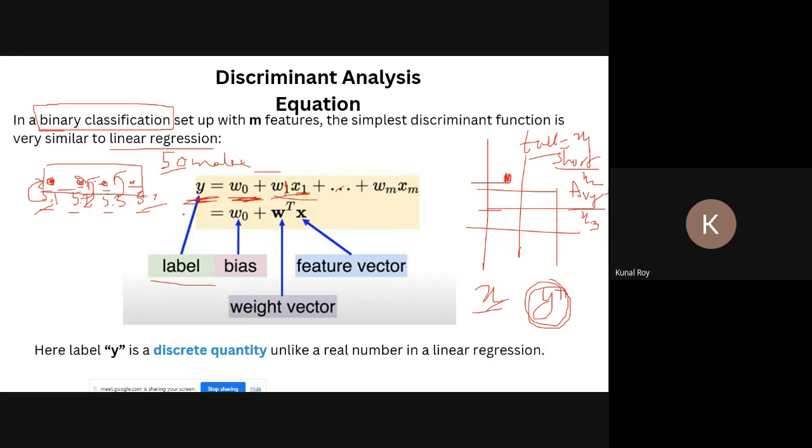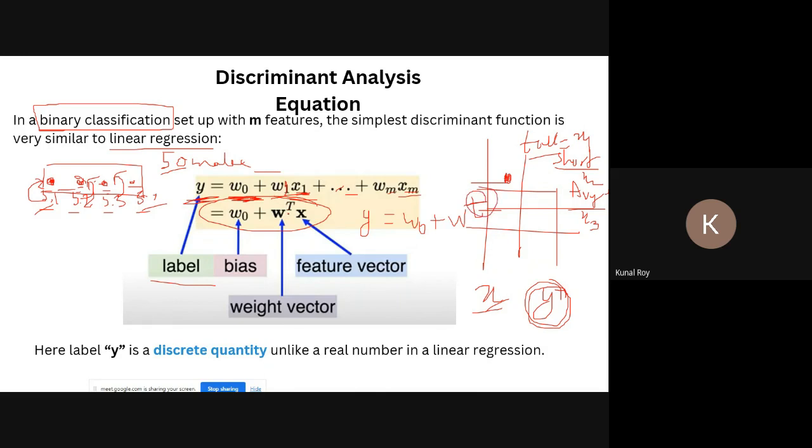That's why this w0 is a bias. That means we have taken a normal initial position, say 0. From 0 we are starting. Next, the weights for individual data, and let us consider the overall number of features to be m. So the overall equation can be considered as w0, which is a bias, a basic term, plus w to the power t.